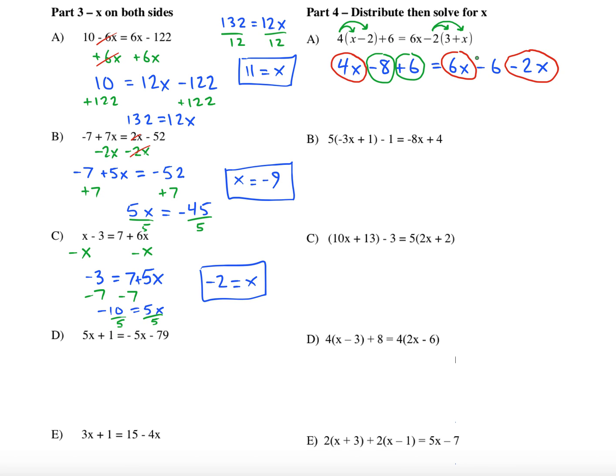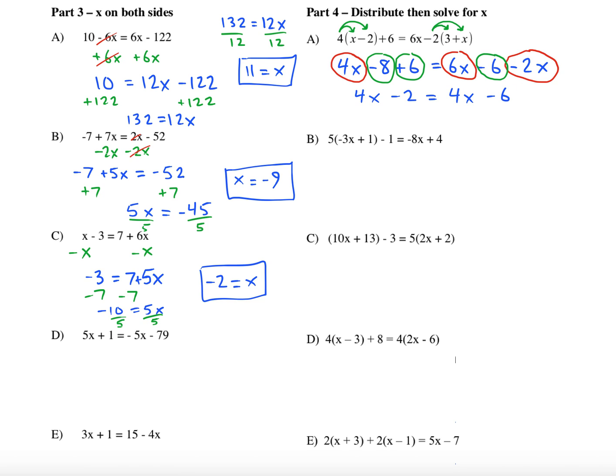They're just numbers. And in order to simplify, we just want to combine numbers with numbers and variables with variables. So we'll get 4x minus 2 on the left, and then here we want to do 6x minus 2x. That makes 4x minus 6.